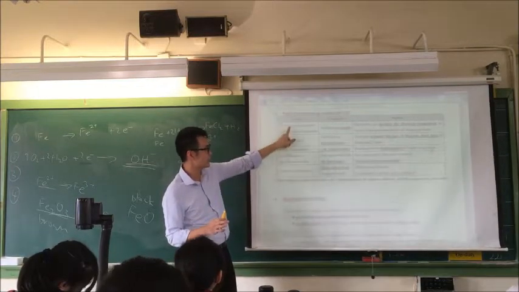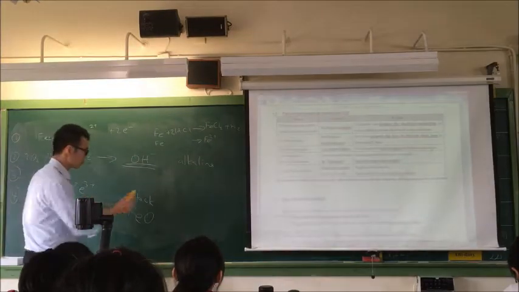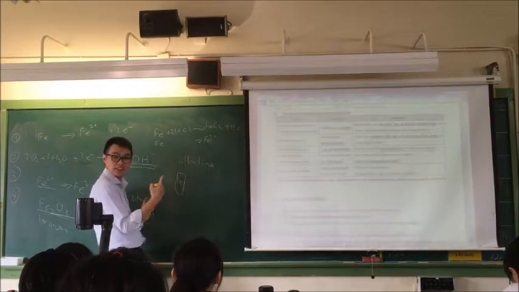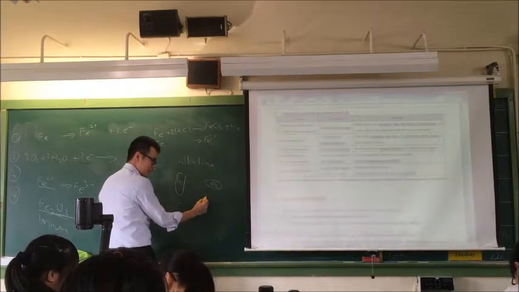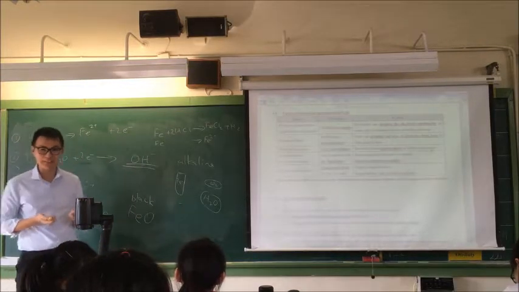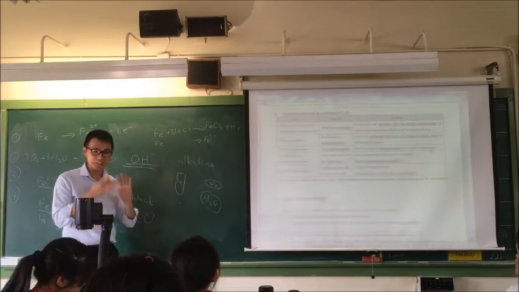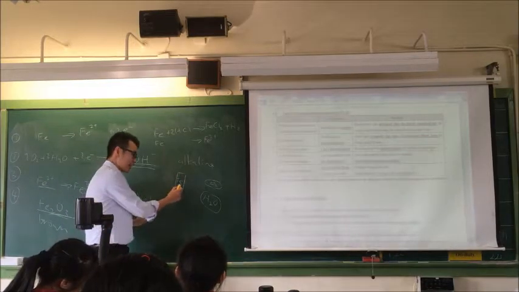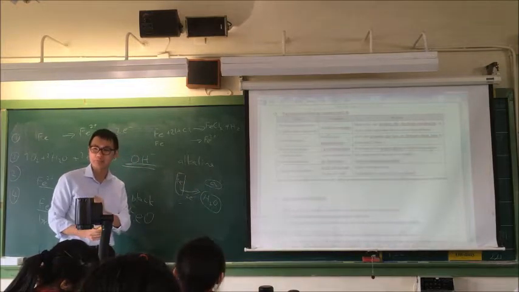Okay, and then this part, presence of electrolyte. So there is a metal which is iron. There is oxygen. There is water. In order to let the rusting occur, iron needs to lose 2 electrons to oxygen and water, right?